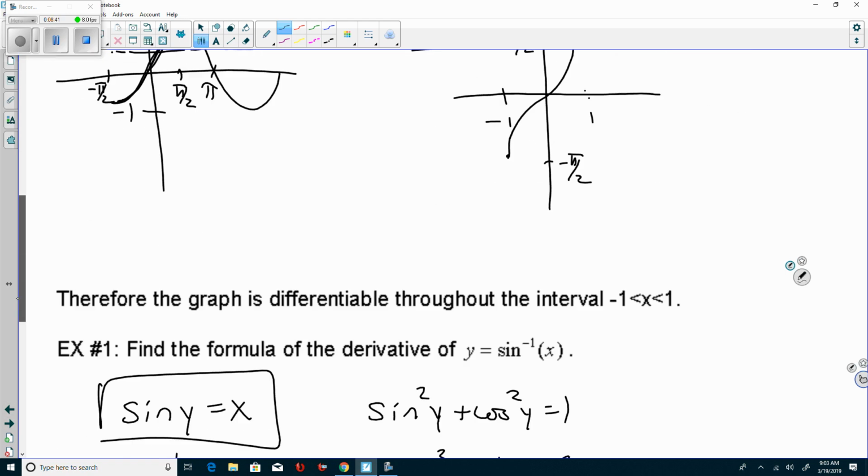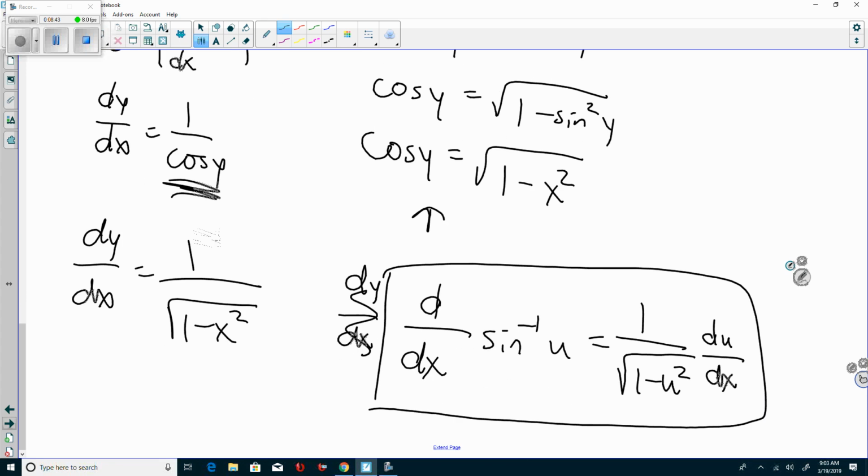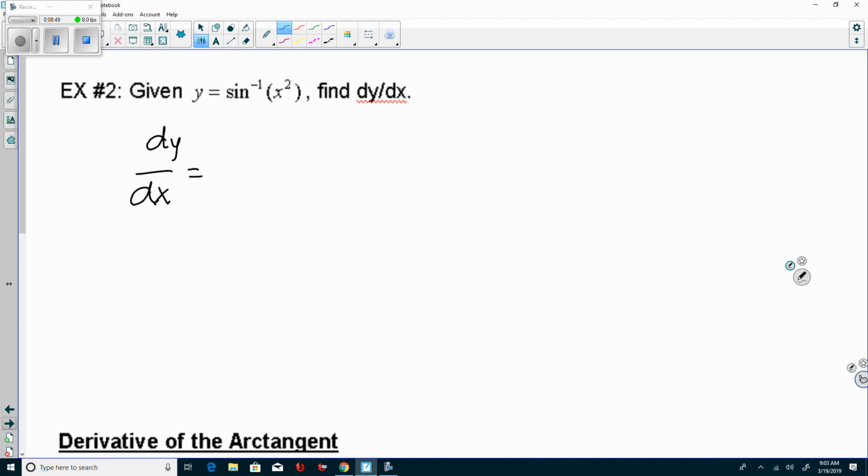So what is my u? What will u equal? u equals x squared. And you plug it right into the formula.